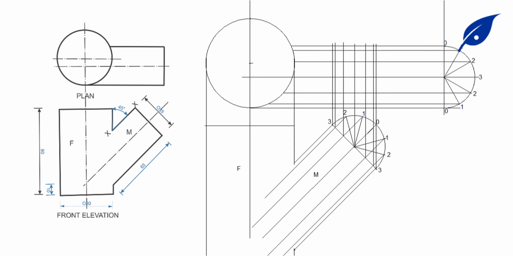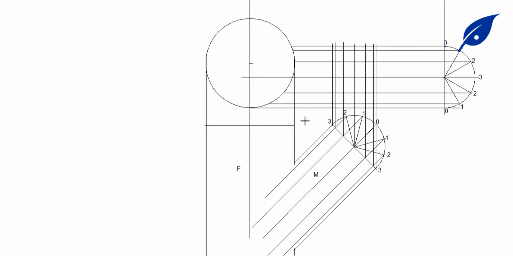So here we radiate the lines to meet each other from the front elevation to the plan. So where they meet, that's 0 in the front elevation to 0 in the plan, then from 1 to 1, like that.